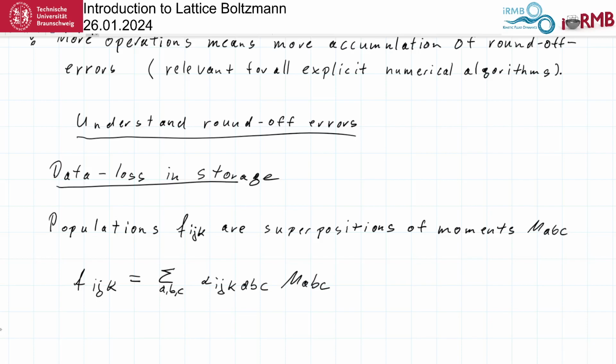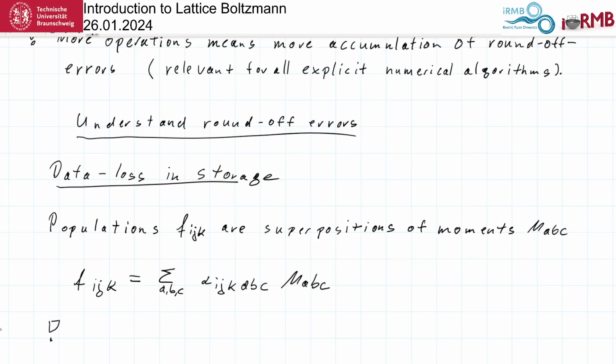We are not specifying this tensor, but you can write this as a kind of transformation matrix, right? Here comes the moments, you multiply by this thing, and you get out the distributions or the populations.